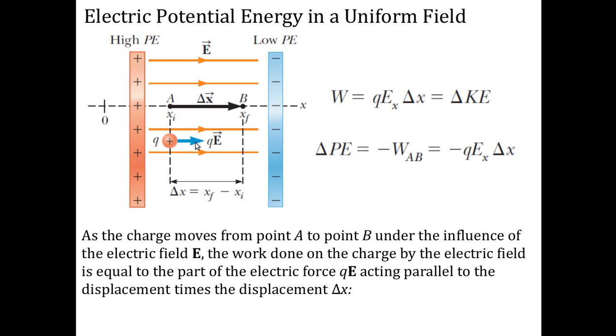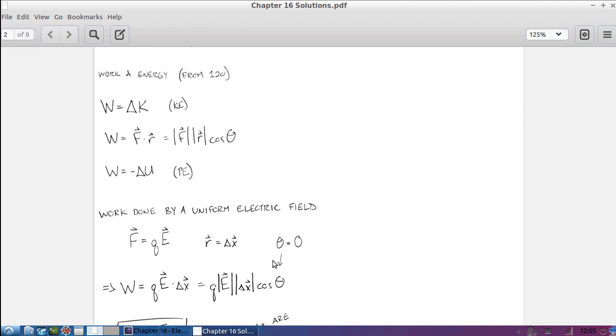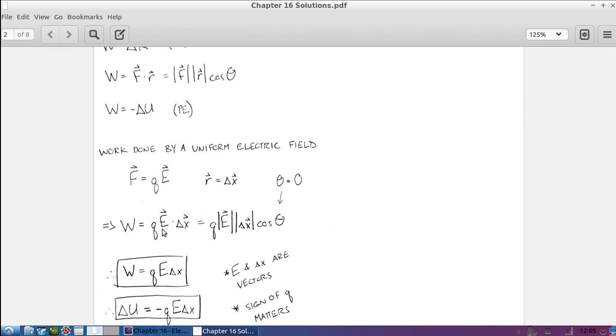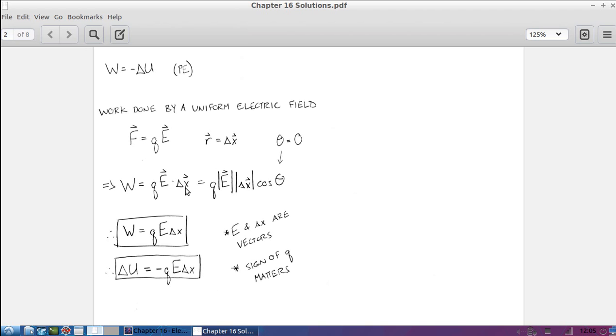Now in this diagram, those vectors are pointing in the same direction. The angle between them is 0. Cosine of 0 is 1. So I have positive work in this case. qE delta x: my charge is positive, the electric field is pointing in the positive x direction, and the displacement is in the positive x direction.